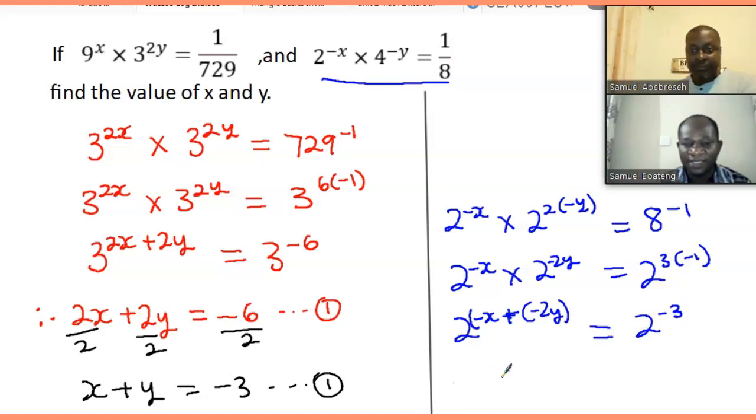So once again, the bases are the same. So we can equate the exponent. Therefore, minus x plus minus gives you minus 2y is equal to minus 3. We can divide through or multiply through by minus.